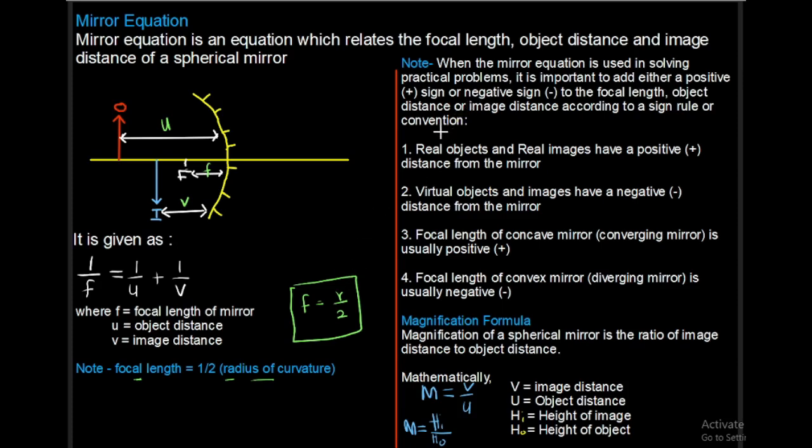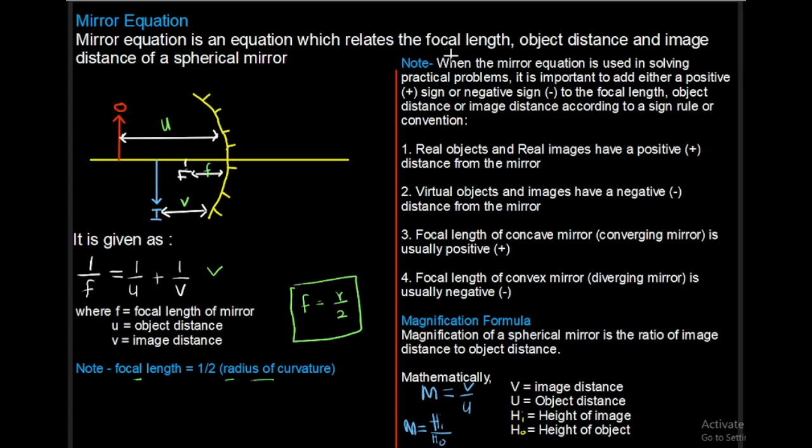Now, also, there are some very important sign conventions you need to know whenever you are using this mirror equation. Alright, aside from knowing the equation 1 over f equals 1 over u plus 1 over v, there are some very important sign conventions you need to know in order to use it correctly.